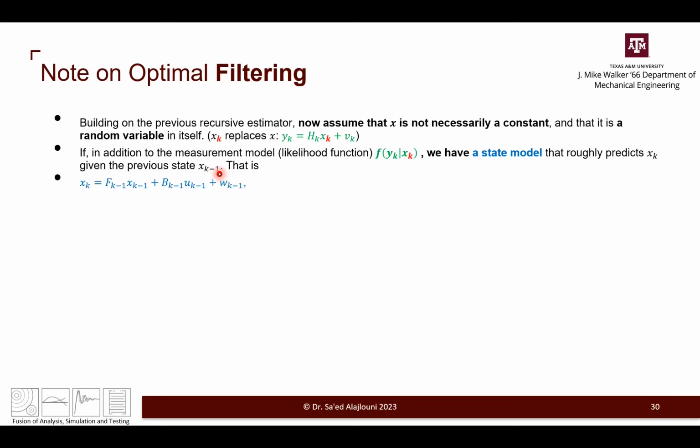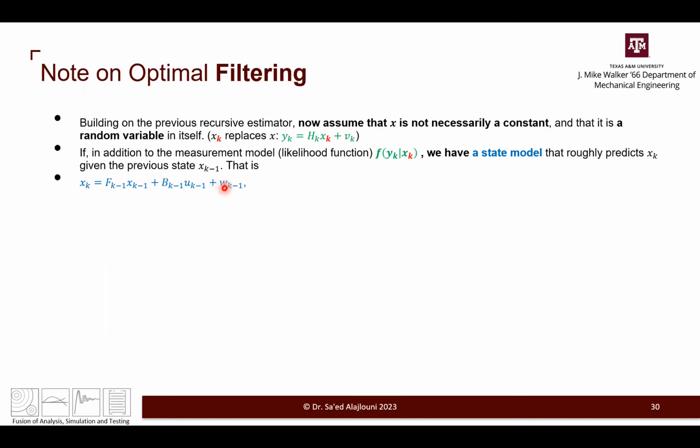You might have a propagation model that is nonlinear, but in this case I'm showing you a linear model in state space form. So F and B are known matrices, x is our state, and u could be an input, for example steering angle or throttle setting, depending on the system you're dealing with.